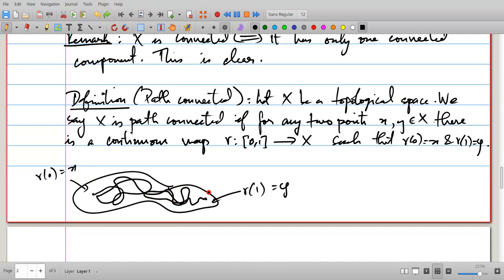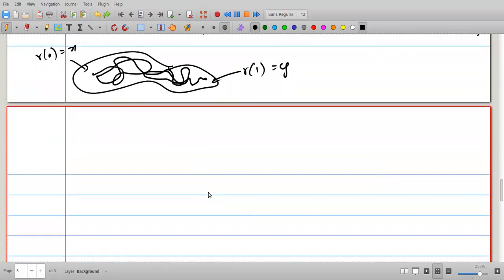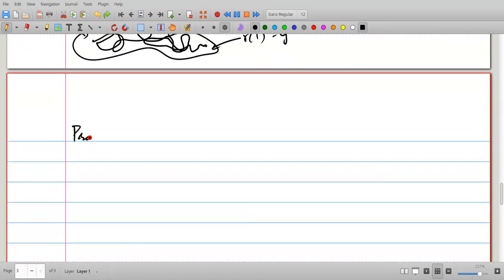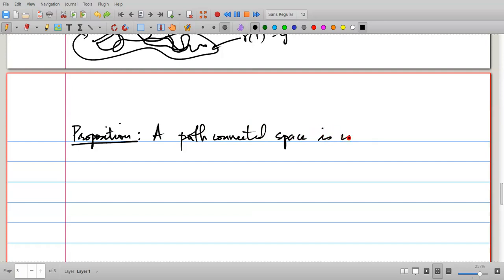So it should just end at y. So we have the following obvious proposition. A path connected space is connected.